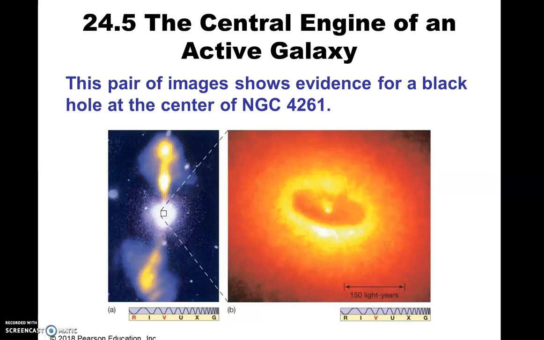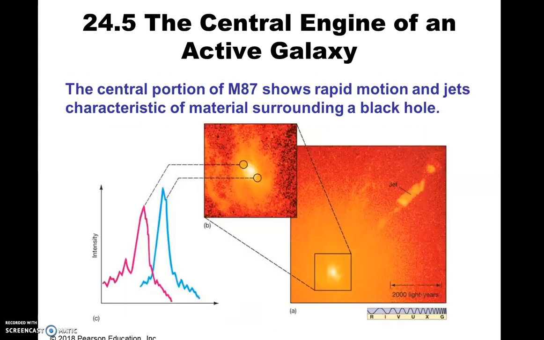Some take in about 10 times the mass of the sun per year. Some maybe one solar mass per 100 years or something like that. So that's basically the difference in what we would call the activity, right? How much non-thermal energy is coming from these.